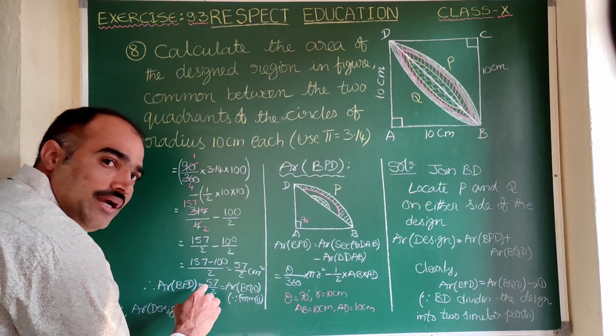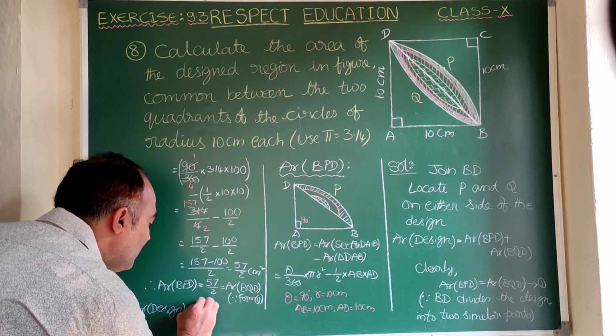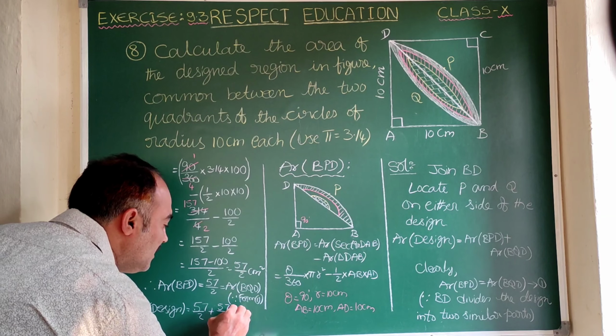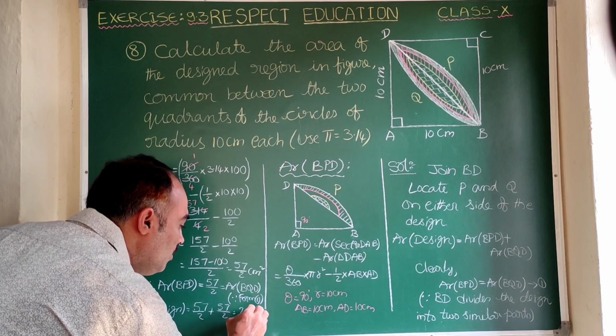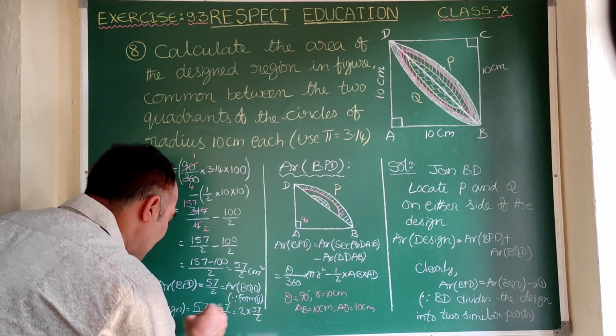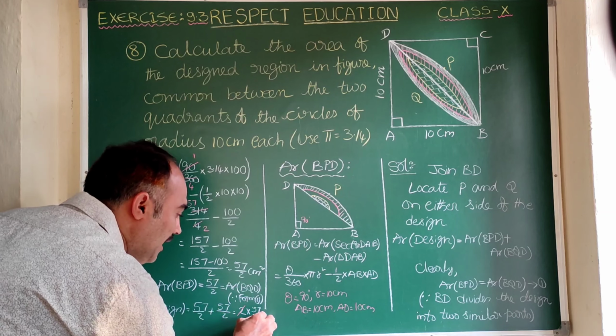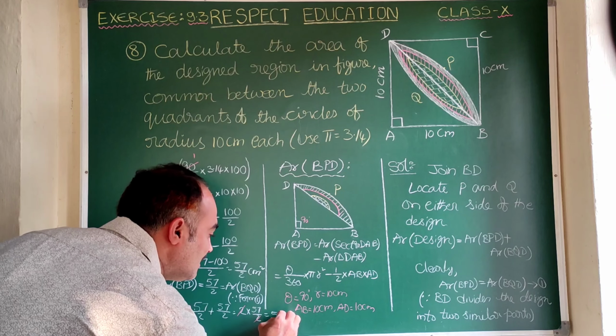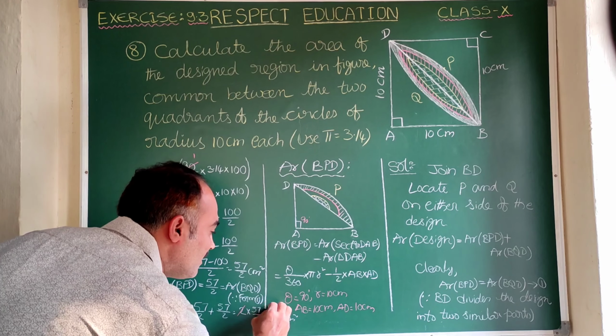So 57 by 2 plus 57 by 2. This is 2 into 57 by 2. Let us cancel 2 and 2. So here we get 57 centimeter square.